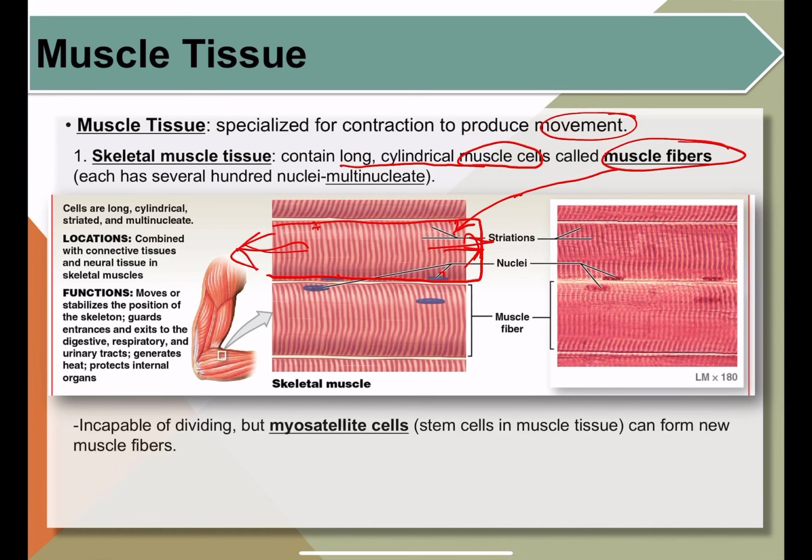Now, muscle fibers themselves, or skeletal muscles, cannot divide. They do not do cell division, but there are stem cells called myosatellite cells. These are a type of stem cell that live within muscle tissue and can form new muscle fibers. They can transform themselves into new muscle fibers.